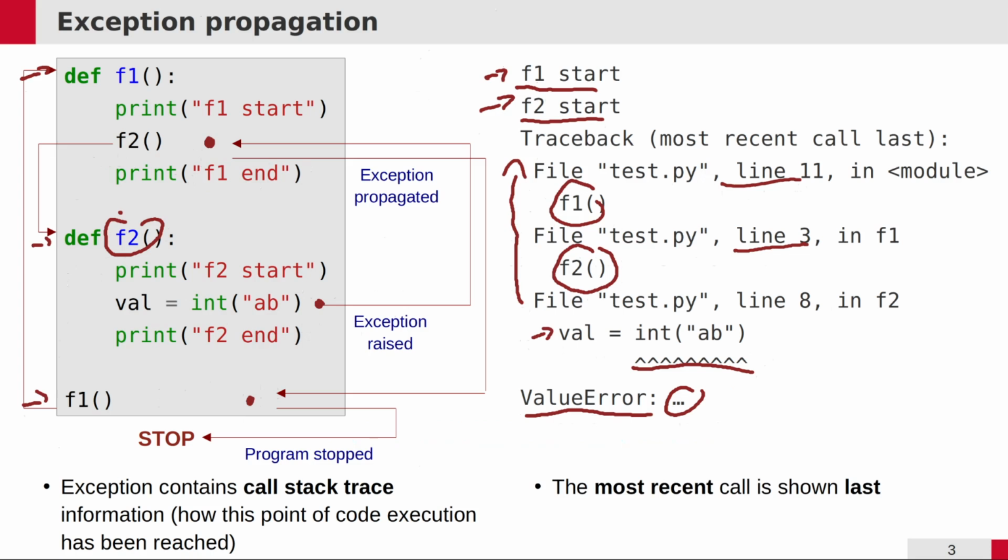And it's important to know that it's always the most recent call which is shown last. So you should always look first at the very last line of the stack trace, because this shows you the exact position where the exception was raised, and then you can go back to find out how you reached that point.